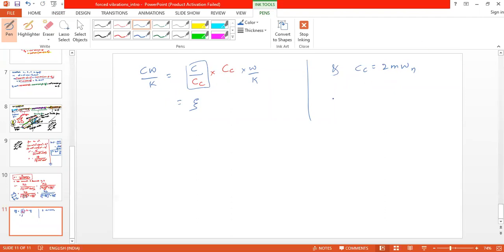So c by Cc is zeta, and that Cc is 2m omega n.